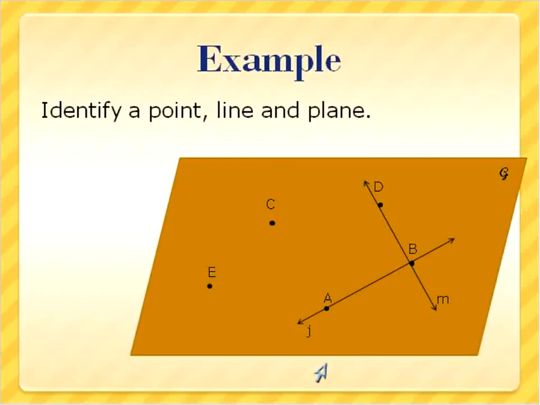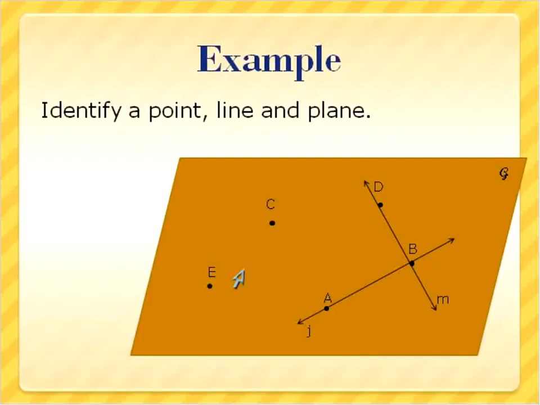And there's also one more part of this, and that's the plane. That's this parallelogram, this huge shape here with parallel lines on both sides, has a scripted letter, I think that's a capital G. Alright, the script G, so that would be plane G. Or you can label the plane by saying any 3 points that are on that plane. So we could say this is plane CEA, or it's plane DBA, or DCE.